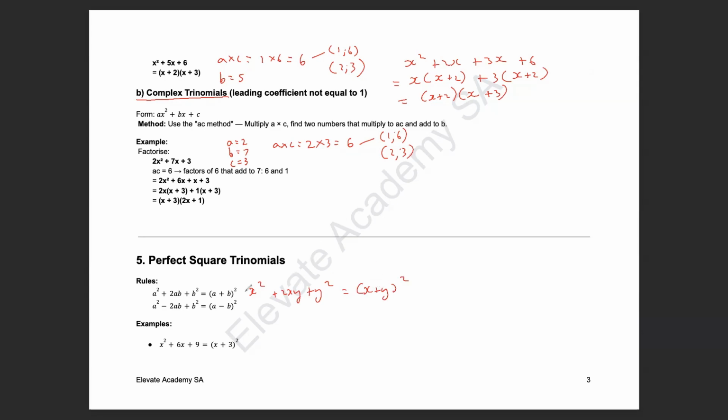So here as well, this is going to be our A. This is going to be our B.